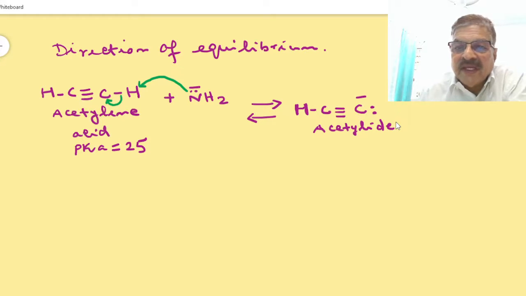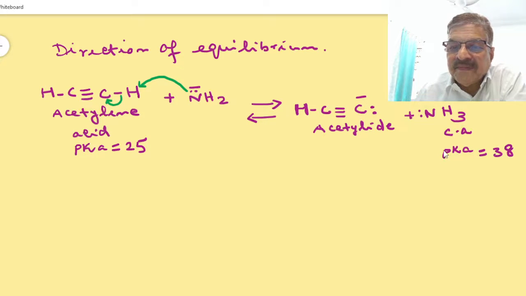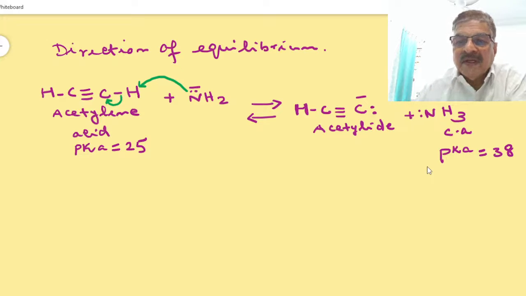Then the conjugate acid is NH3. This conjugate acid, ammonia, has a pKa of 38.